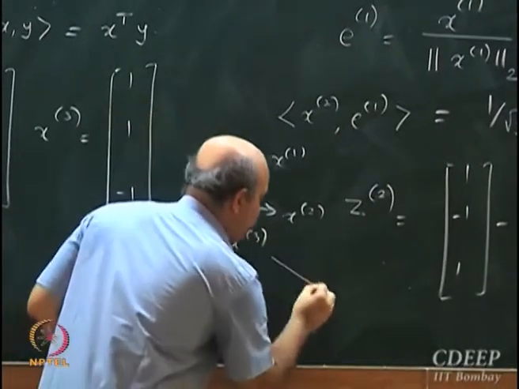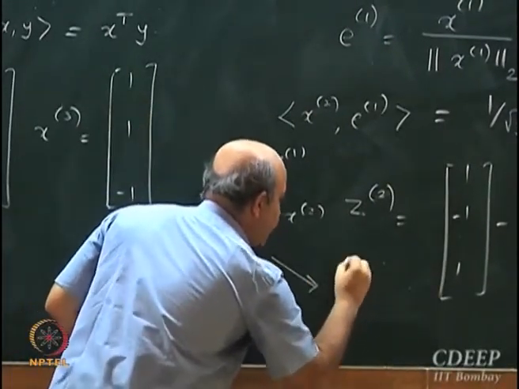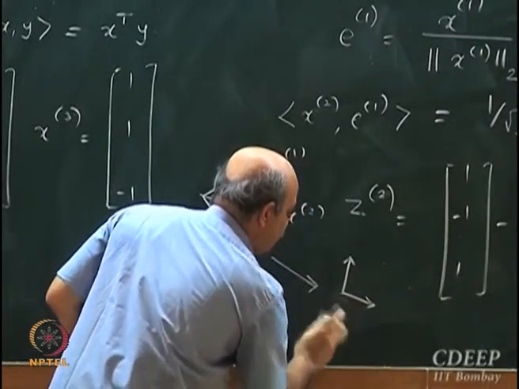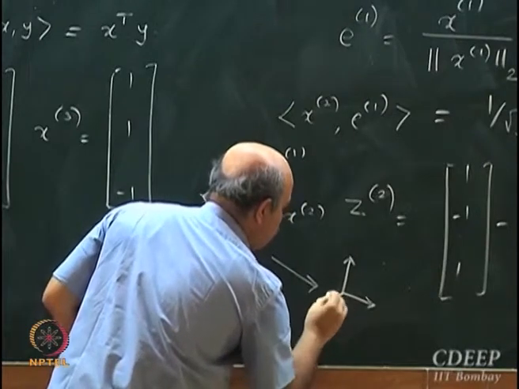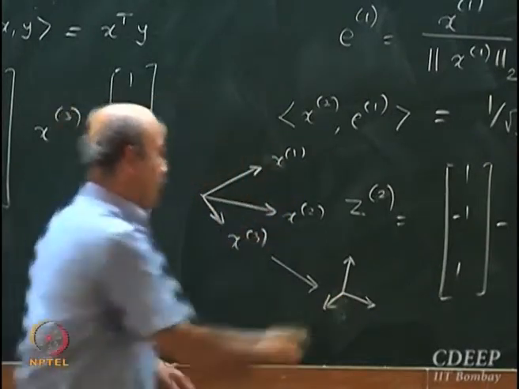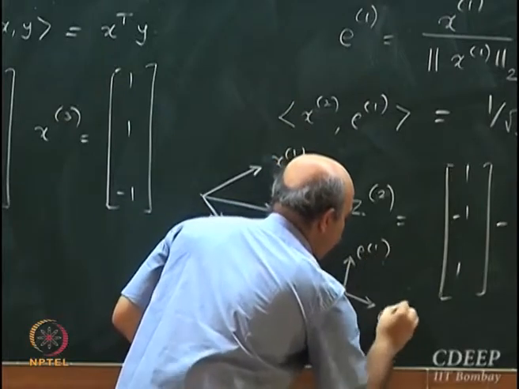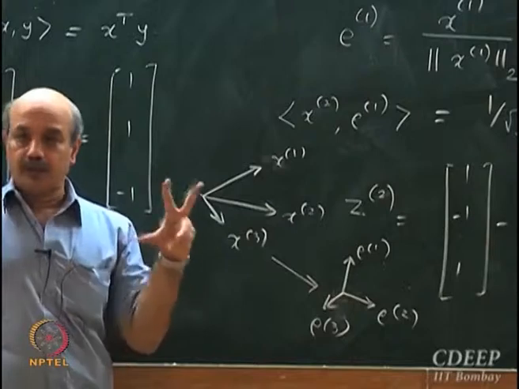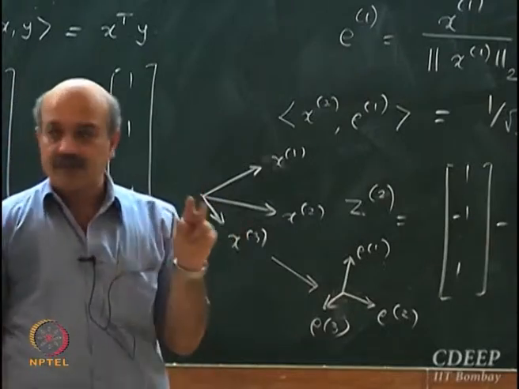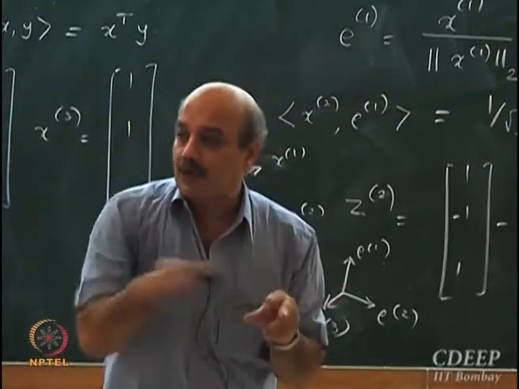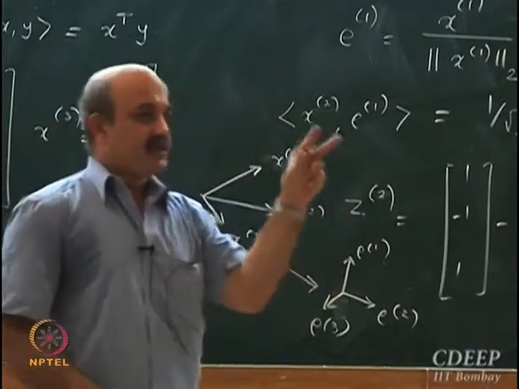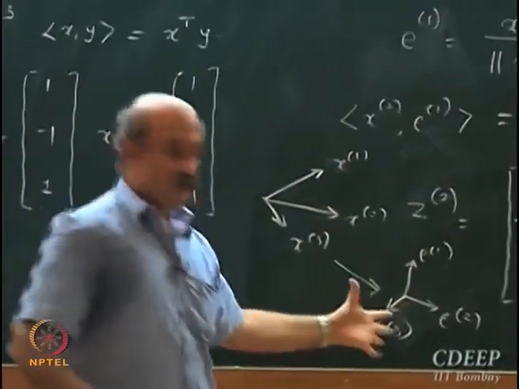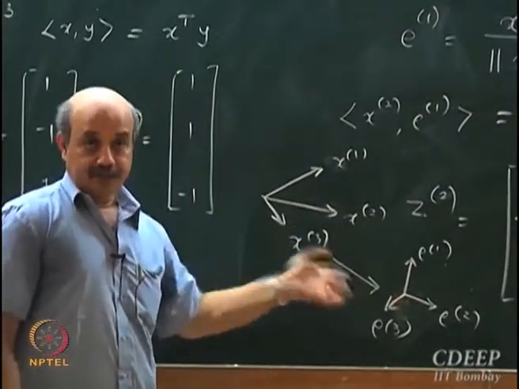Starting from this, you have created a set which is orthonormal, starting from a set which was linearly independent but not orthogonal.